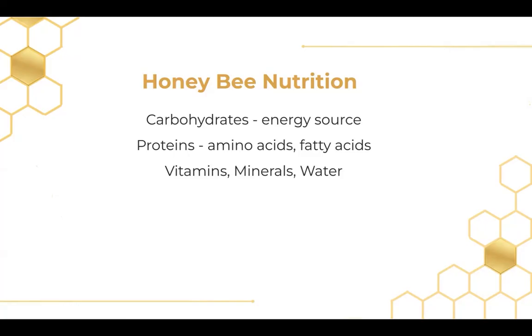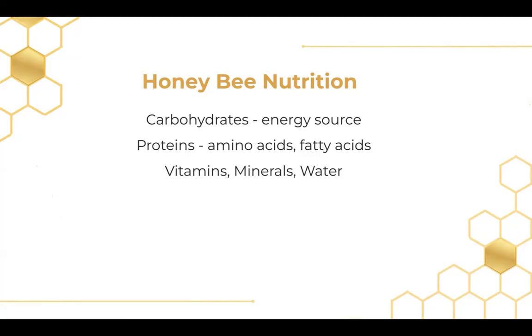It also contains trace minerals, enzymes, antibacterial and antibiotic components, and trace amounts of vitamin C. The total proteins consist of 52 different types of proteins. So you can see that royal jelly is highly nutritious for the larvae, and they grow exponentially in the first 4 to 5 days, where the egg could weigh about 0.17 milligrams, and a 5-day-old larva is 130.